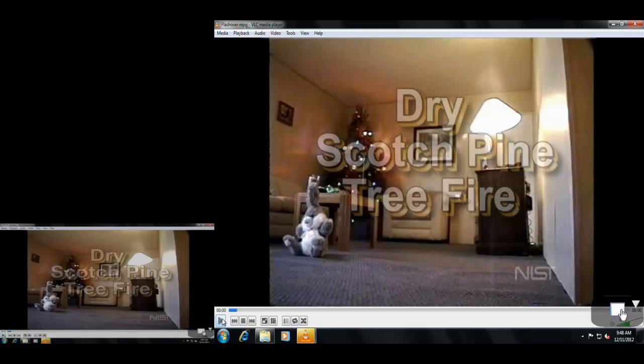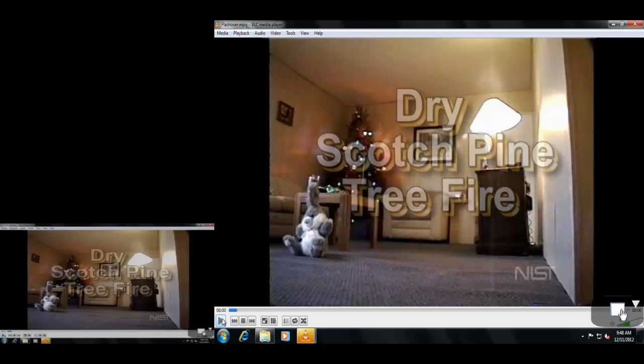Dry Christmas trees obviously pose a significant fire hazard during the Christmas season, and some of the issues associated with it relate to larger issues in terms of fire safety in homes.